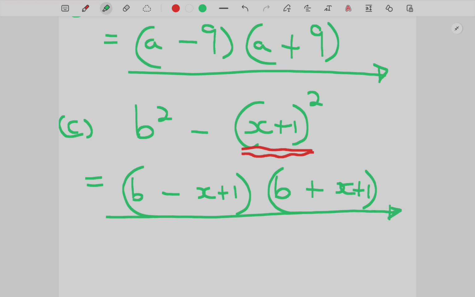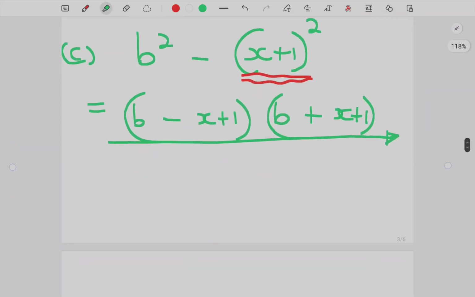Then we're going to do the example that is similar to the question from the question paper. So the similar example, question D: what if you are given b squared minus x squared plus 6x minus 9?